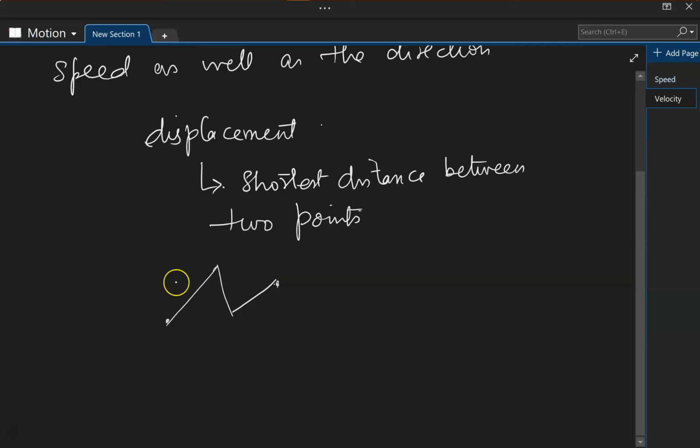And here there was some distance, here there was some distance, and here there was some distance. Now when you cover this on this path, the actual length of the path that you cover is called the distance, whereas the shortest path between A and B is called the displacement.